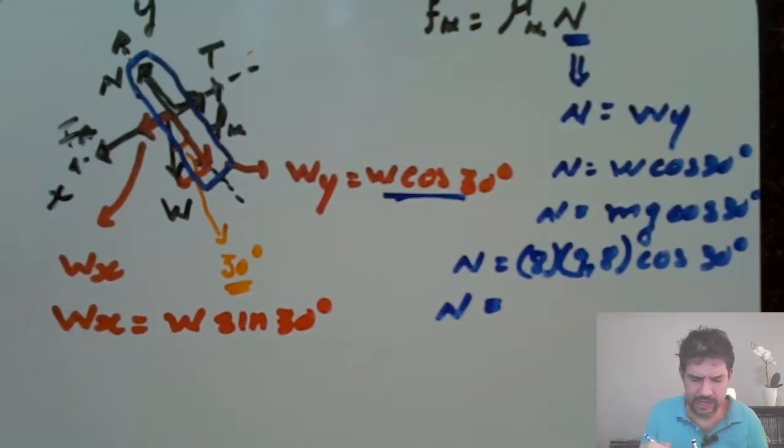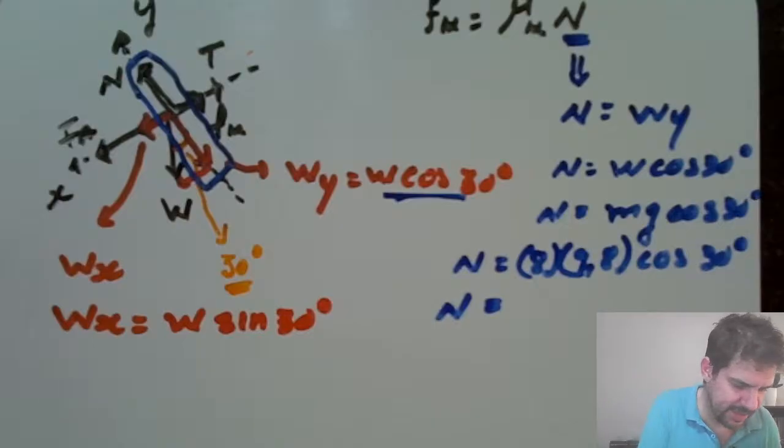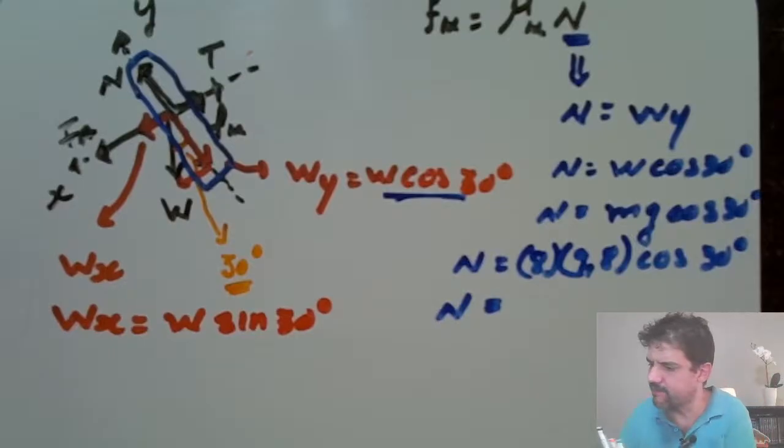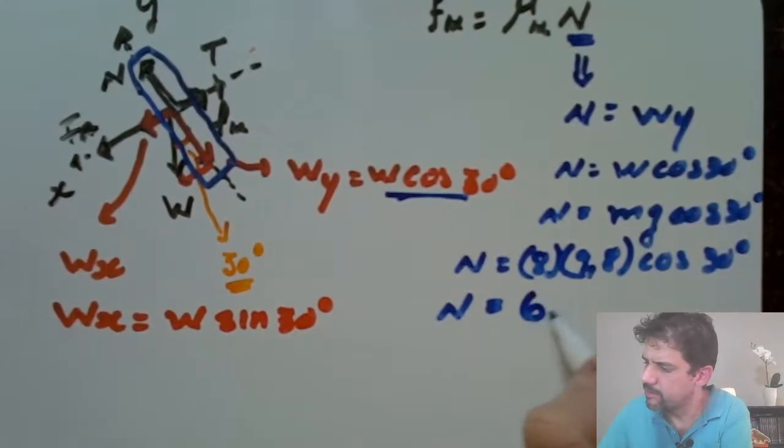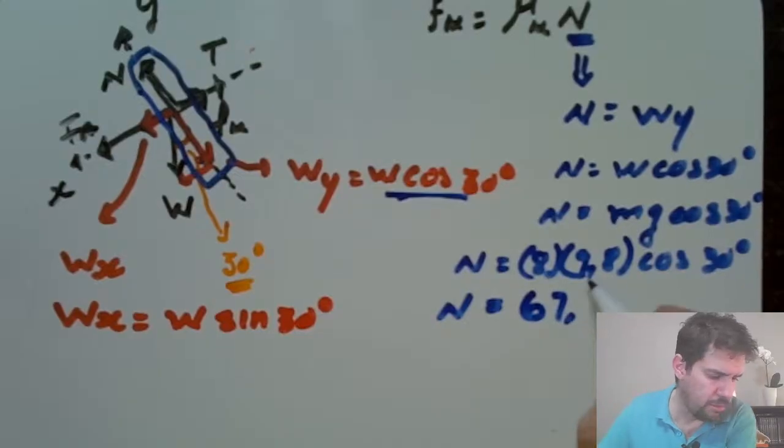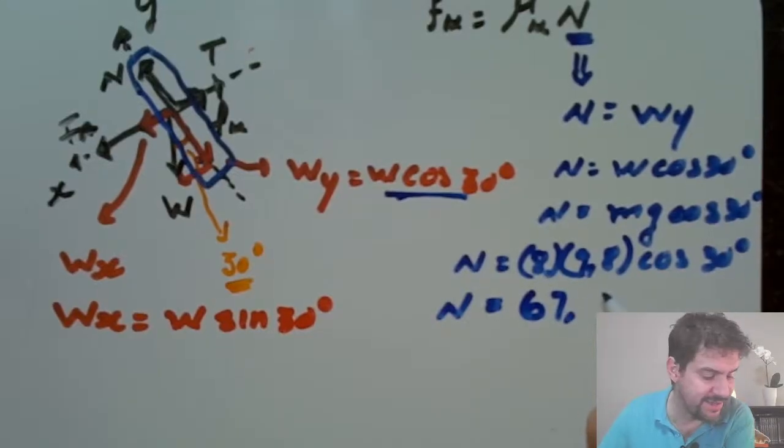So let's do the calculation. I hope I don't make a mistake this time. With my calculation, it is 8 times 9,8 times cos of 30 degrees, and I get 67,896.